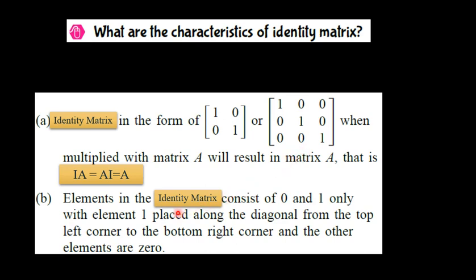But there is a special character, that is element 1 placed along the diagonal, from the top left corner to the bottom right corner, and the other elements are 0.